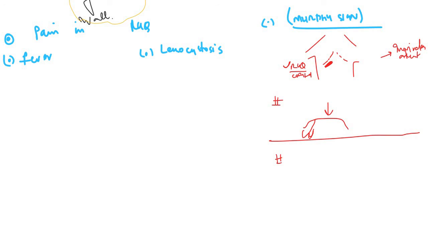Now, what is the complication and what is the management and what are the other findings which are associated with acute cholecystitis? First of all, we'll always remember that in case of acute cholecystitis, the alkaline phosphatase is elevated. Now, what is the idea of that alkaline phosphatase and why is it important?